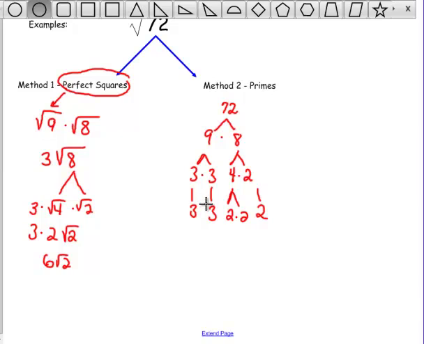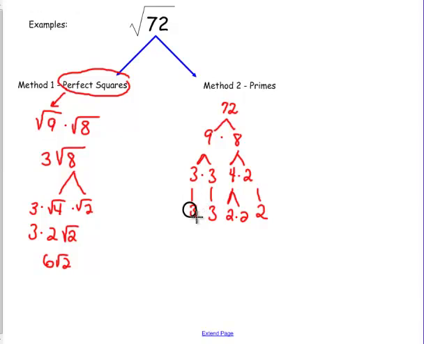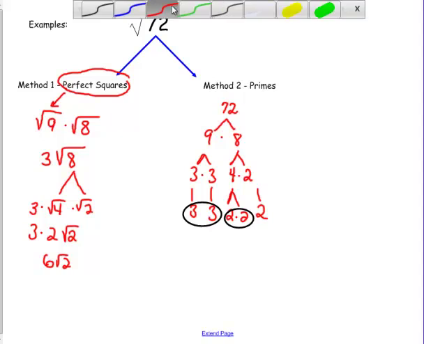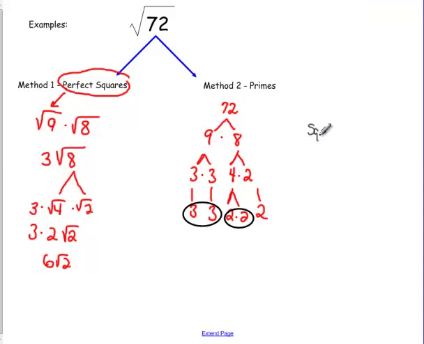So what I do now is I circle pairs of numbers. And since square root means 2, that's why I'm circling pairs. So square root means 2.